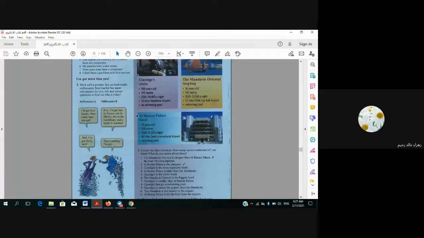And here we have Al Bustan Palace in Muscat. 20 years old, 250 rooms. It costs 260 pounds to 1,223 pounds. 40 minutes to Seeb International Airport, and it has a swimming pool.